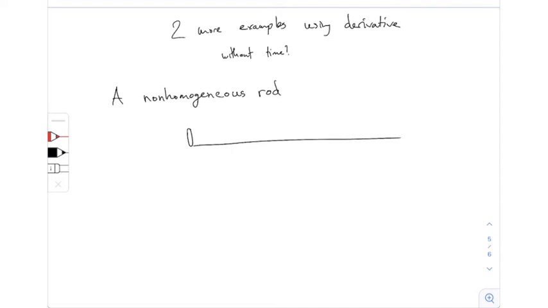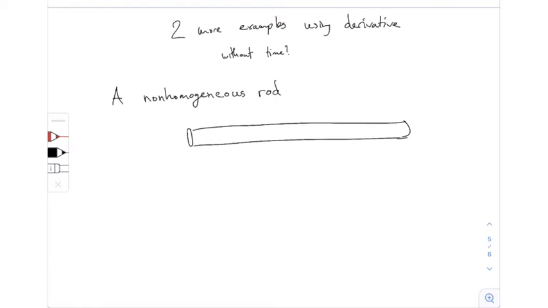Let's pretend it's a cylinder, although that's not going to matter at all. Non-homogeneous means it's made of some stuff that is not uniform across the whole bar. So if you were to pick up the bar, maybe it would be heavier on one side or the other side. All right, that's what I mean by non-homogeneous.